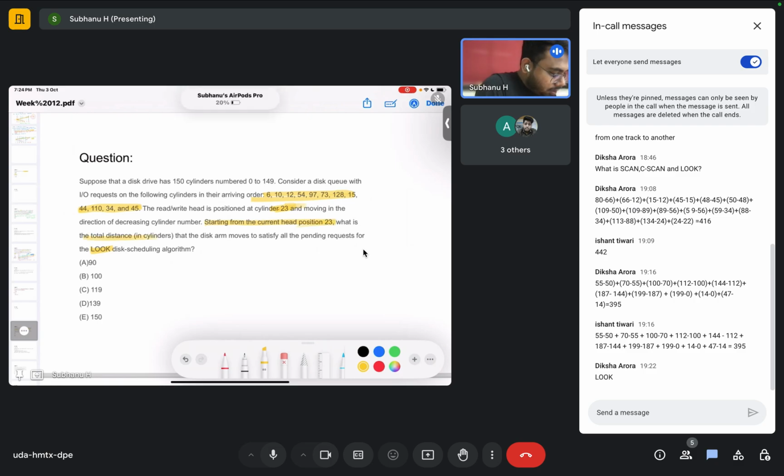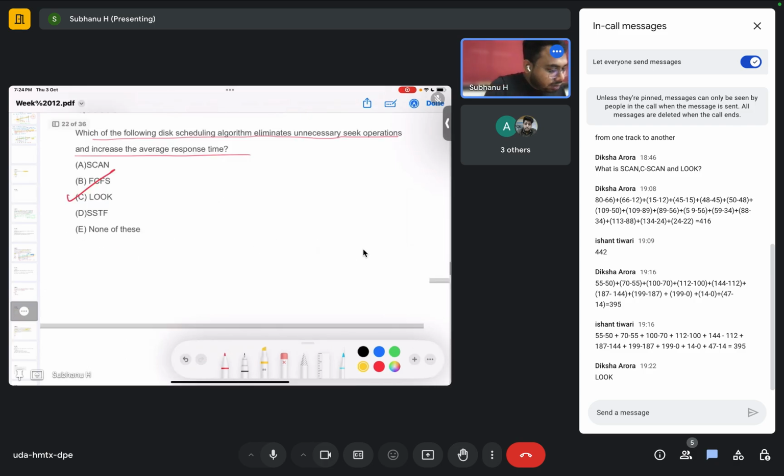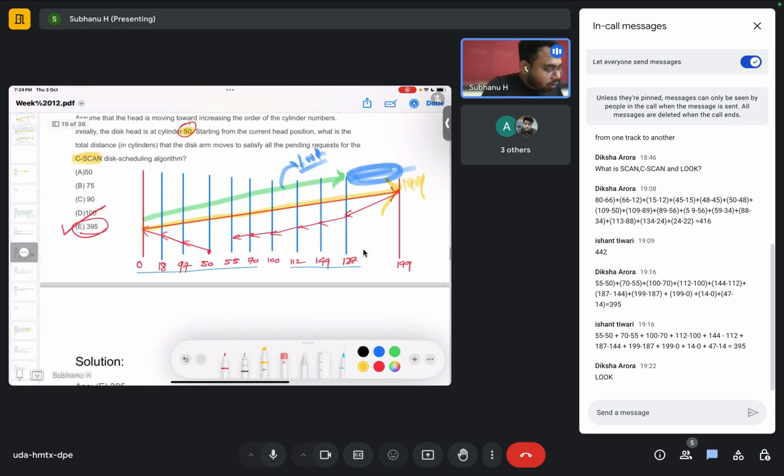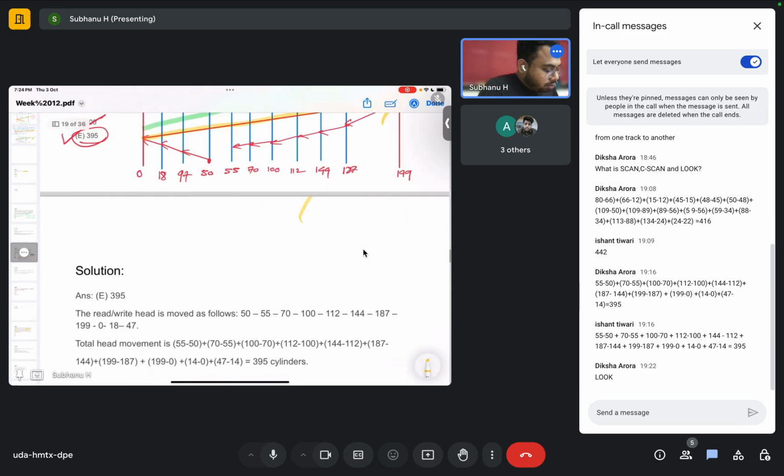What is the total distance using the Look algorithm? Can you try once and tell? So Look is the same as C scan, but it will not go to the end of the disk. It will go up to the last request which was asked to serve. Okay.